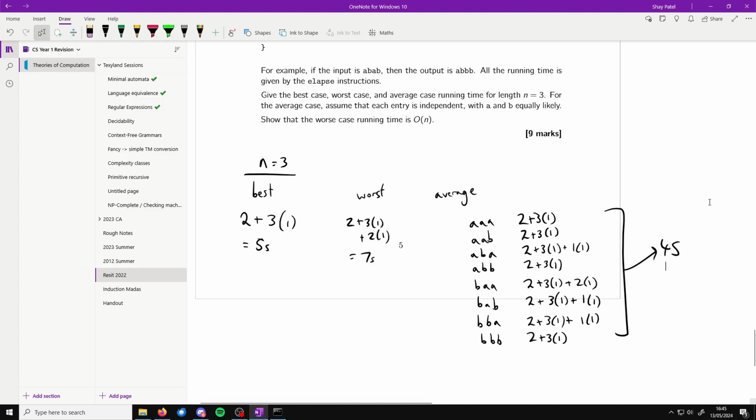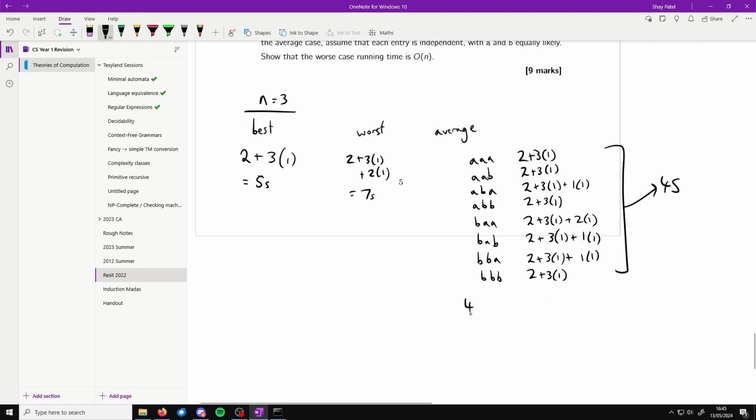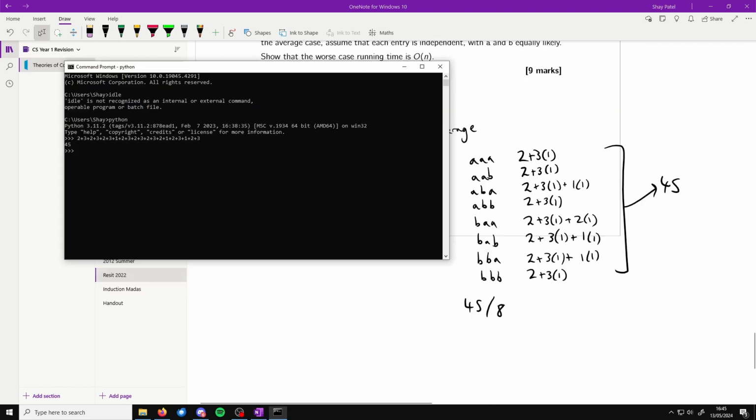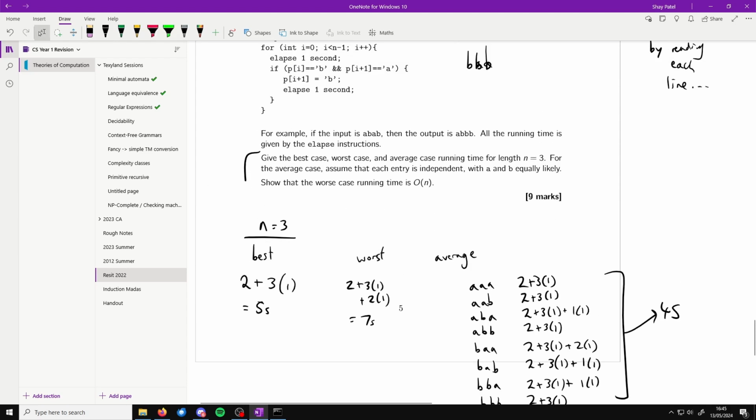Yeah, it's quite brute force, but with n equals 3 and them telling us each entry is independent with A and B equally likely, I'm guessing they'd want us to write out all 8 combinations. So this gets us 45, and 45 divided by 8 is 5.625 seconds, and this would be our average case time taken. So that's the first part.